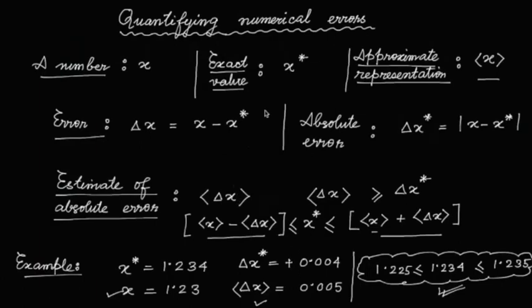You see that in the first lecture itself, we said that before putting numbers into computers, we will make sure that those numbers are dimensionless, right? But if you forget that for the time being, and you say that this x still has a dimension, then x star has the same dimension. The approximate representation of x has the same dimension, the absolute error, and the estimate of the absolute error, everything has the same dimension as x.